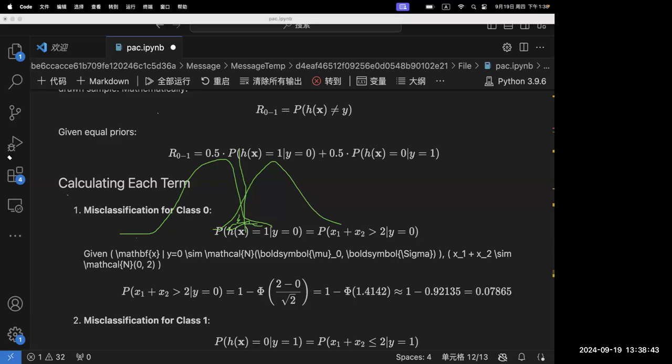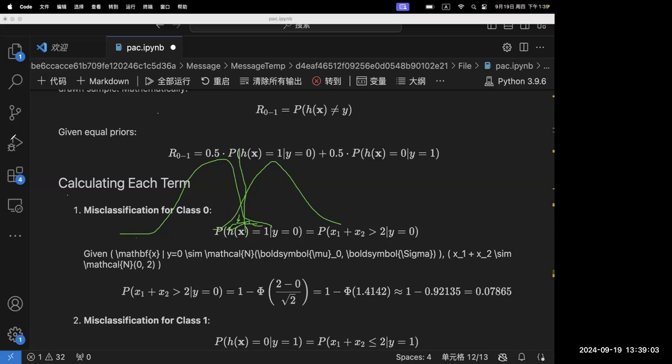So we know that the risk of the optimal decision rule is essentially the cumulative density function of this part. Yes. So when we are calculating a portion of the distribution, we are using the cumulative distribution function.